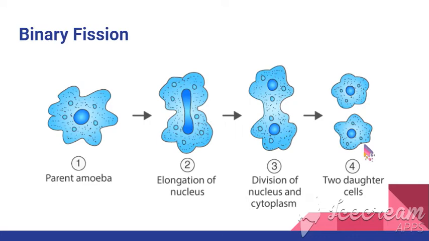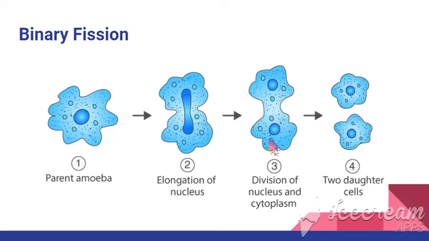Okay, so in this method, this is the nucleus. So the nucleus first splits, that means divides, into two nuclei. Then next the body divides into two parts.